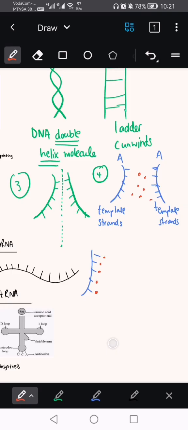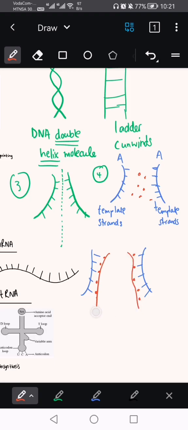It does matter, but I'm not going to indicate all of that, as long as you know what I mean. It's going to come and attach to its complement. So this one in red would have formed another strand.